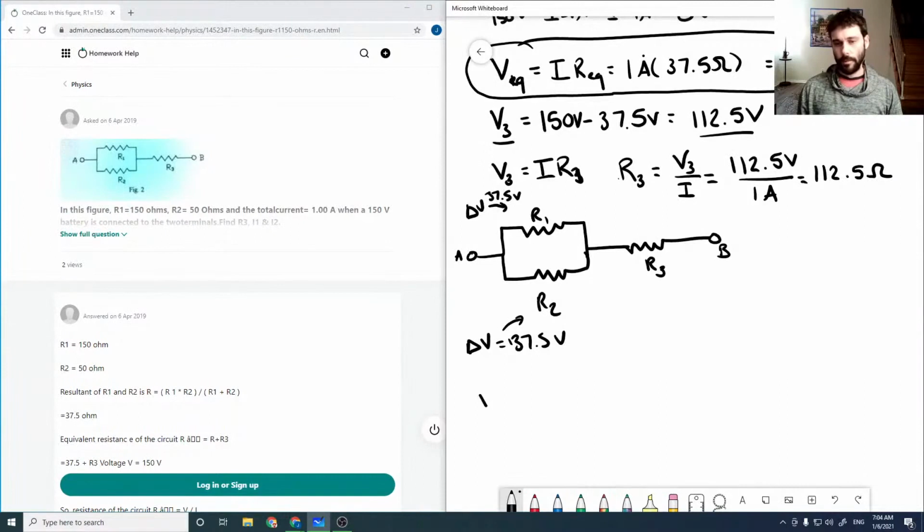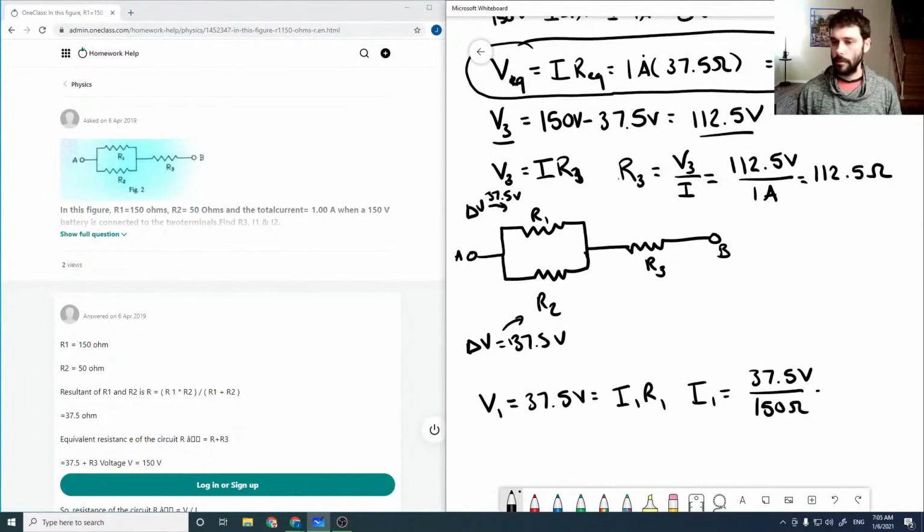So then we can easily compute the current, right? So V1 is 37.5 volts, which is equal to I1 R1. So then I1 is 37.5 over our R1, which is given as 150 ohms, which comes out to be 0.25 amps.